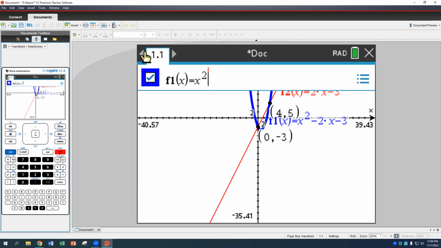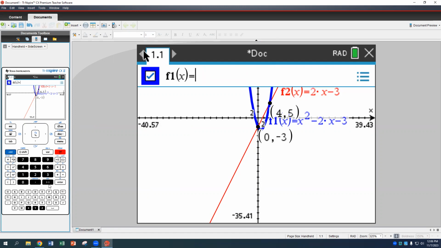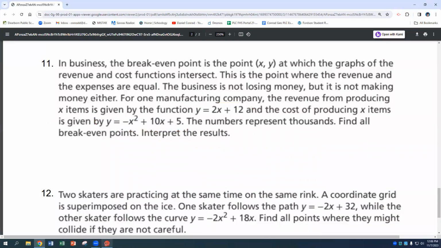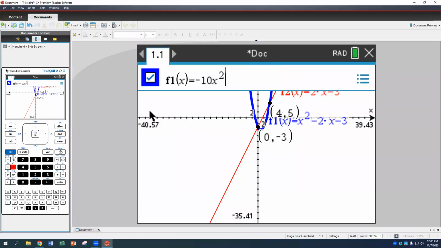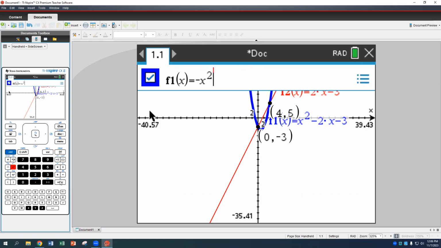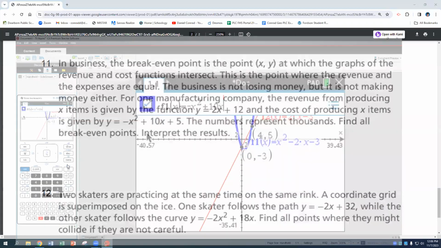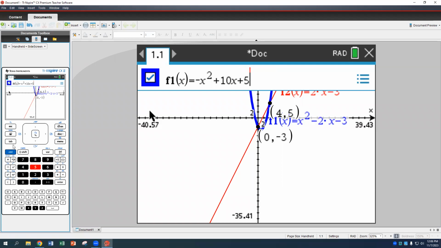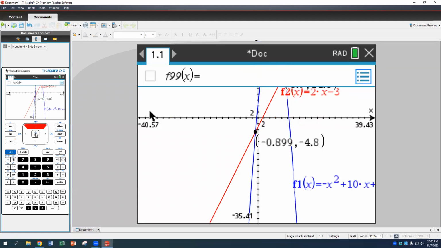No, it's just negative x squared plus 10x plus 5. Okay. And then the second equation, whoops, shoot.